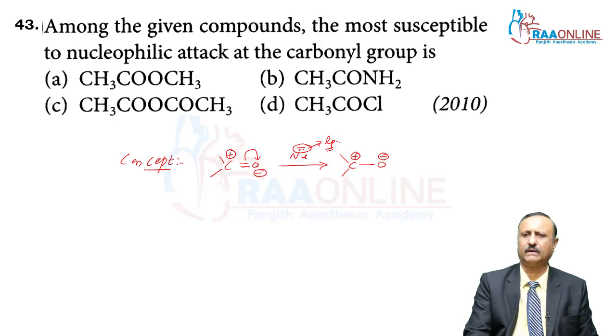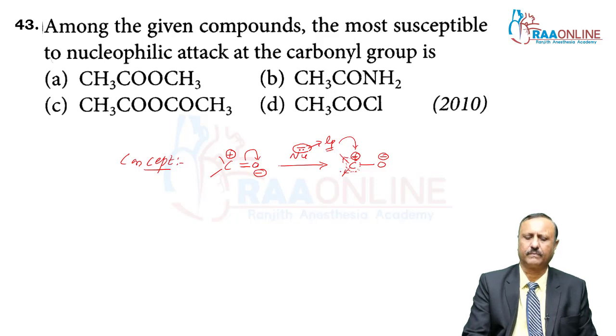Now, the nucleophile's lone pair of electrons attacks this carbon atom. My dear students, the nucleophile attacks the carbonyl group in which the positive charge is greater. So nucleophilic addition occurs only when positivity is more, and positivity comes from the attachment of groups which attract electrons.